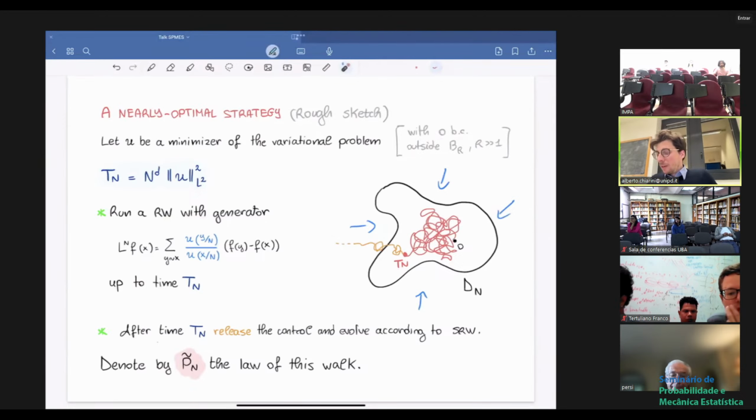So we run the random walk up to time Tn, and then we release this control Un and let it evolve according to simple random walk. And this is our quasi-optimal strategy. For those that come from stochastic optimal control, what we are doing is just introducing essentially a control of this type, gradient log of U, where U is the minimizer.